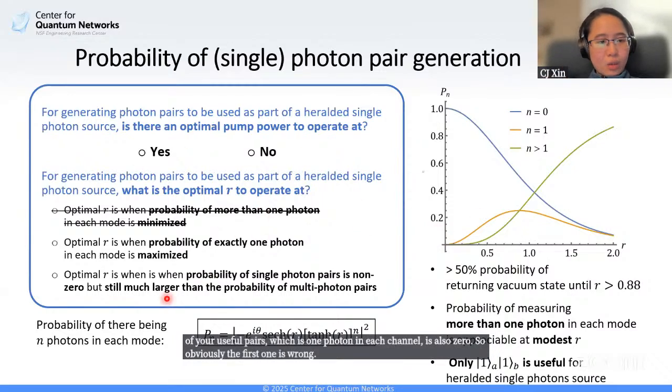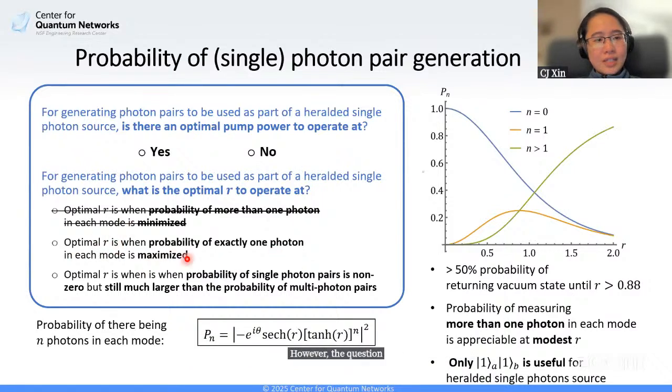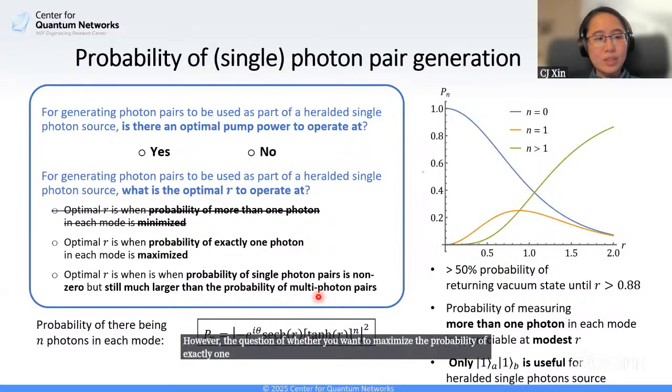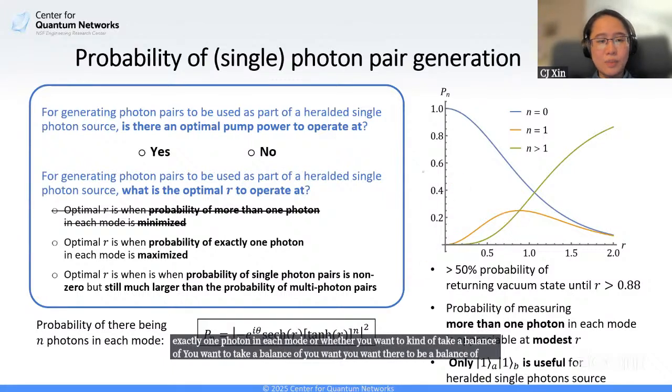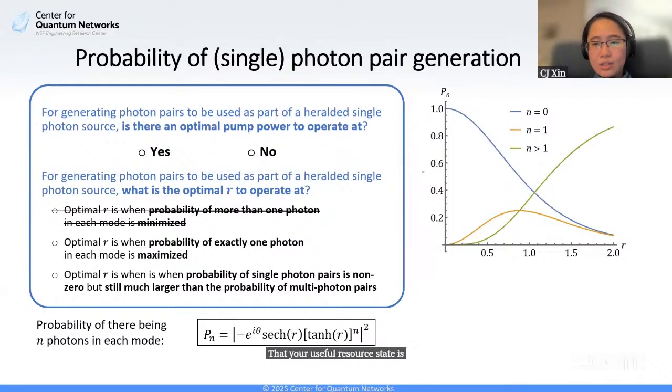However, the question of whether you want to maximize the probability of exactly one photon in each mode, or whether you want a balance of multi-pairs and single pairs in your useful resource state, is a little bit subtle.